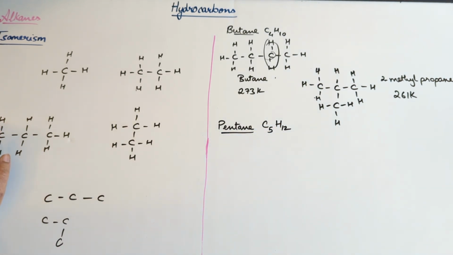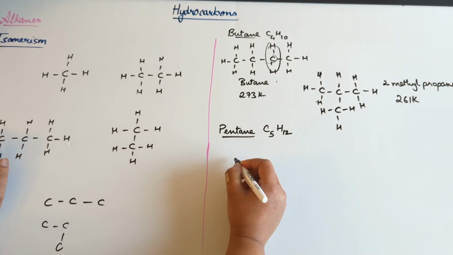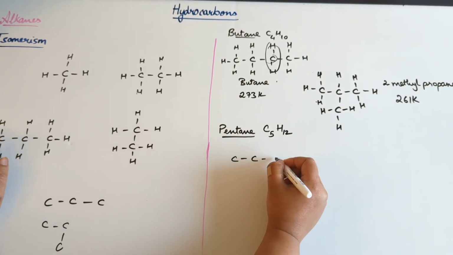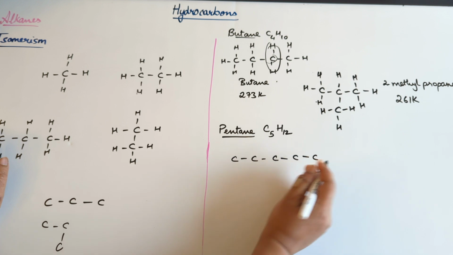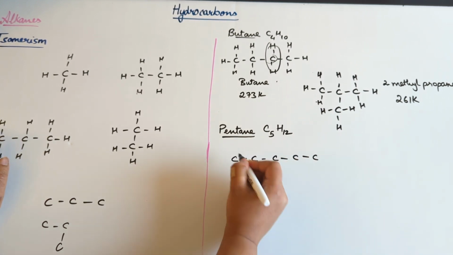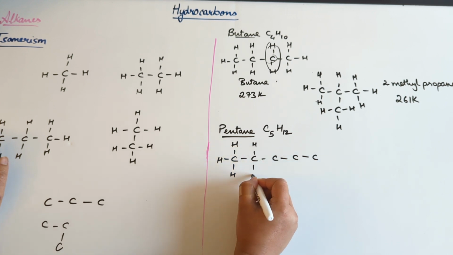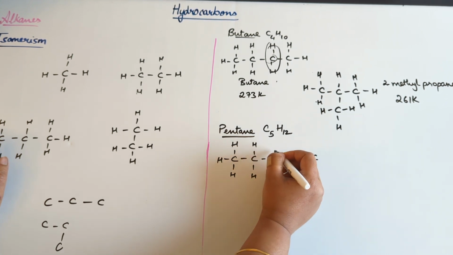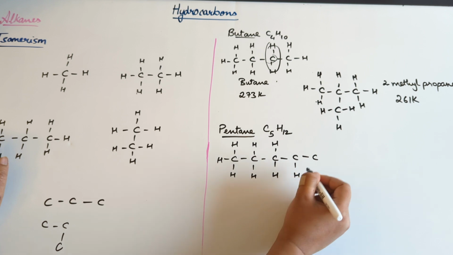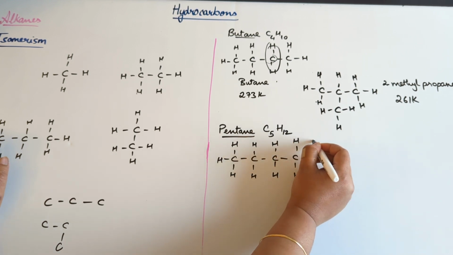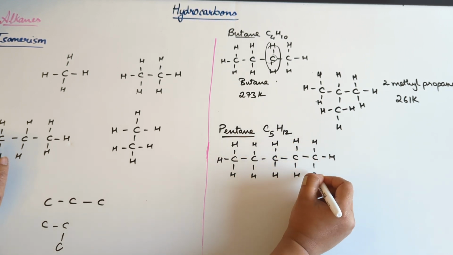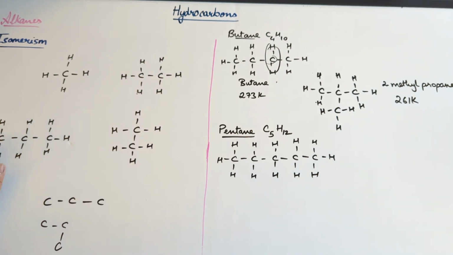CnH2n plus 2. So C5 can be a straight chain. So this is the easiest. And fill in the hydrogen atoms. So this is the C5H12. And this is pentane.